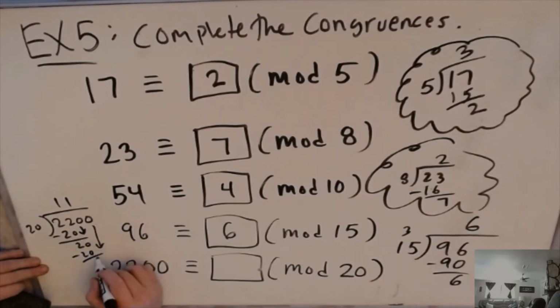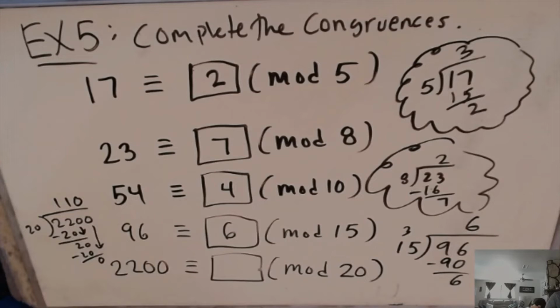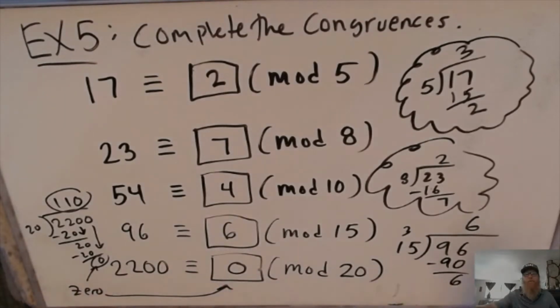Bring down another 0. So it's 110 exactly. No remainder. If the modulus divides evenly with no remainder, then that means it is congruent to 0.